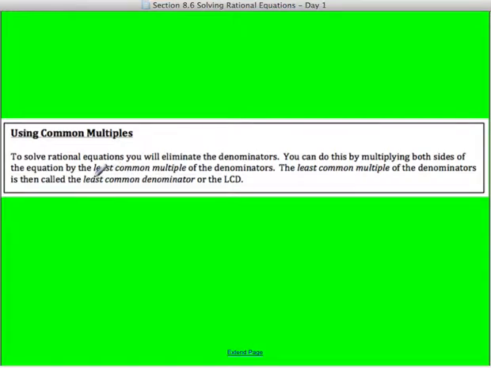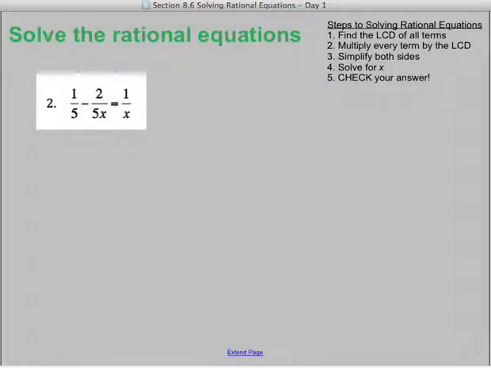We've been working on finding least common multiples. The least common multiple of the denominators is what we call the least common denominator, and I will refer to it as the LCD.